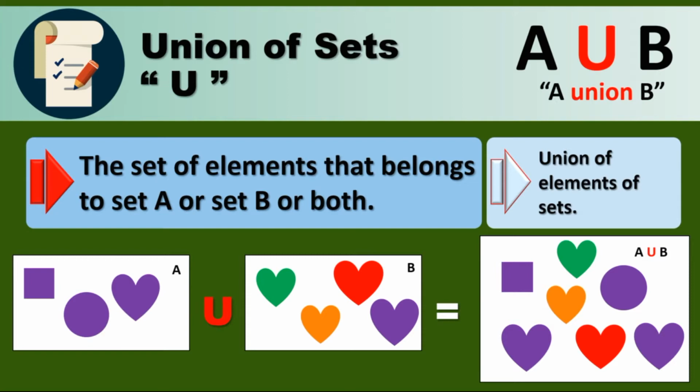But wait, A union B is by definition a set. So by definition of a set, all elements should be distinct. Therefore, this violet heart here should not be included. So A union B is only these elements here.